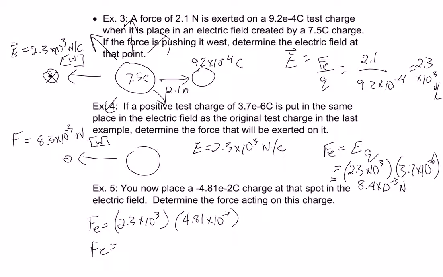So that's going to give us a new force, but because it's negative, our direction should be east, right? It's going to get attracted to the source, not pushed away. And if we do that calculation, we get 1.1 times 10 to the 2 newtons. So we have everything done right for these three examples. So pretty simple formula to work with. Just be careful of direction, positive, negatives, same sort of thing that we were doing before.